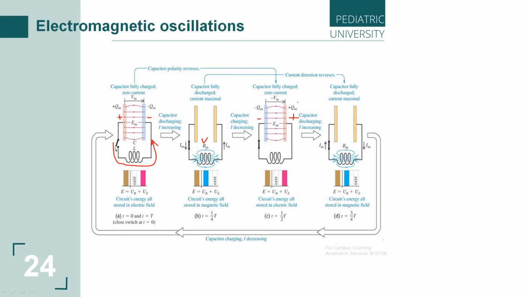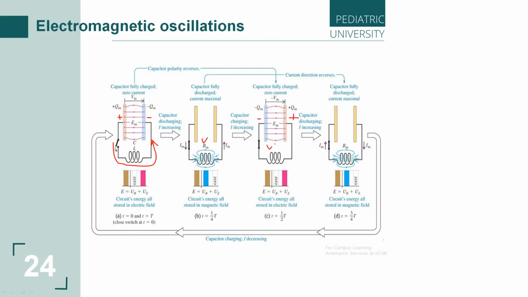It was assumed that the current goes from the positive pole to the negative, which means that the capacitor plates were charged with the opposite signs of the initial charge. In this third case, the electrical energy is again maximum and magnetic energy is again zero.